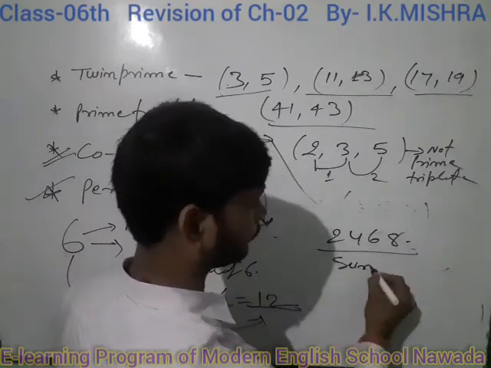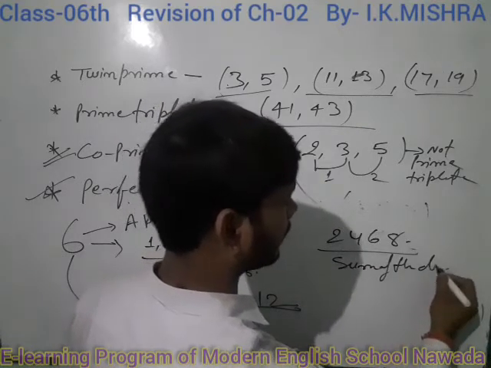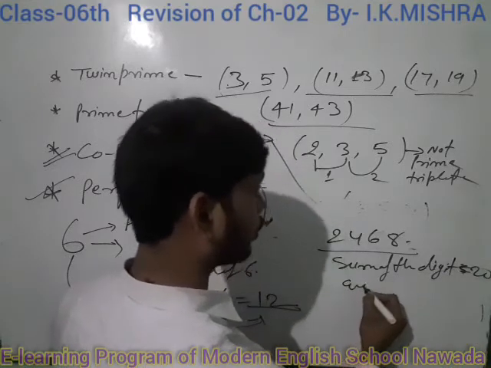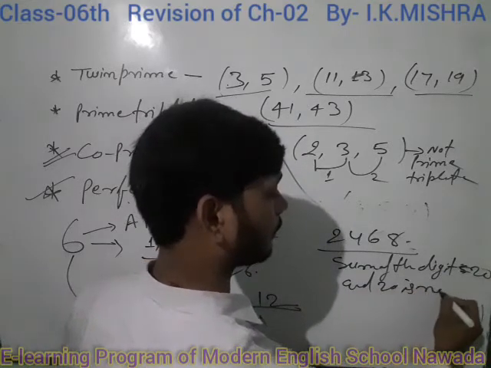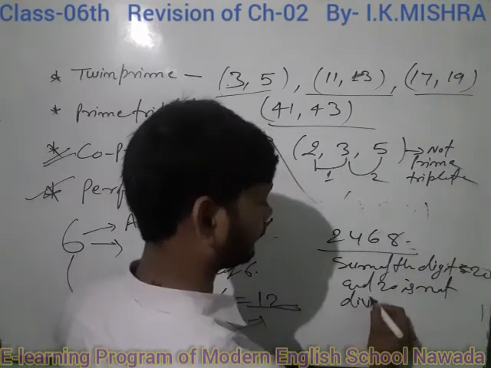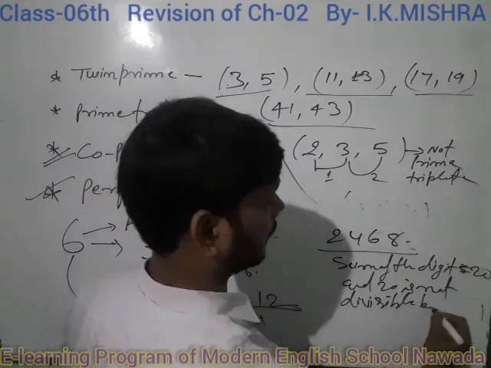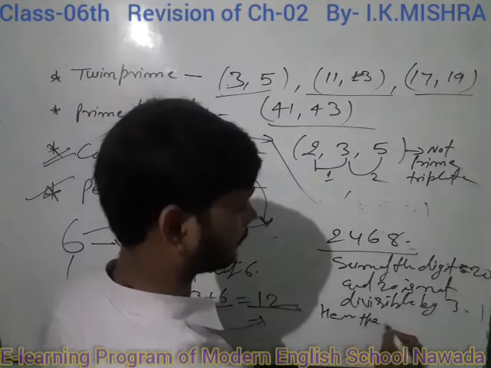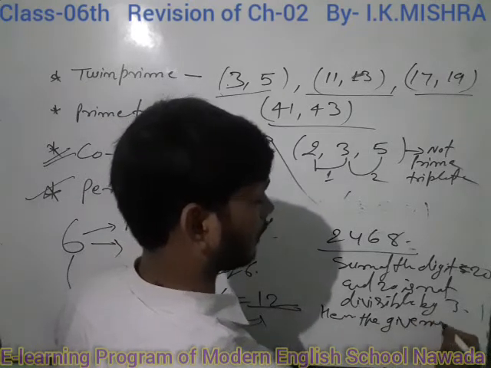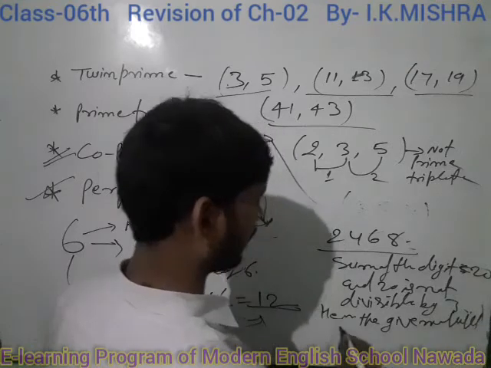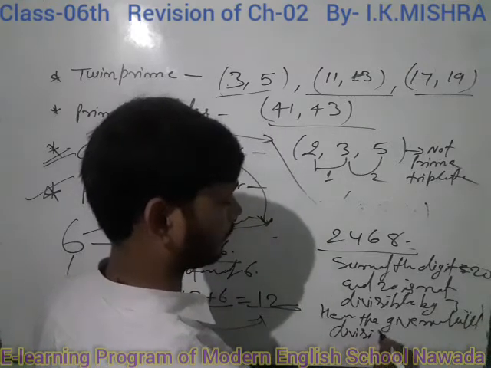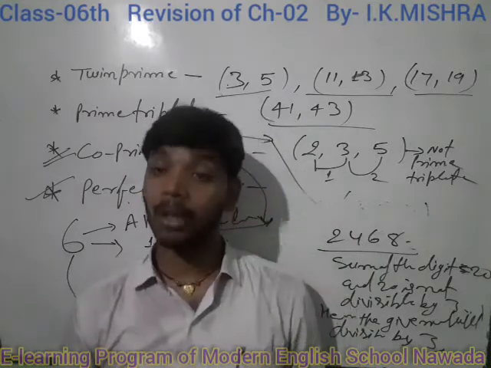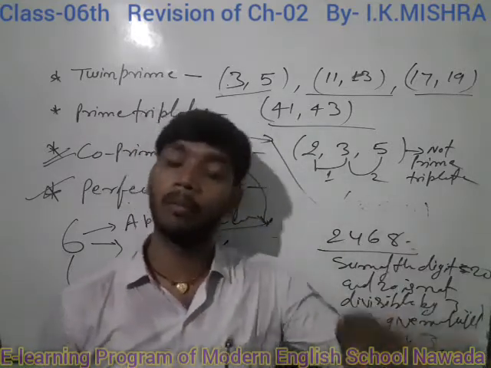The sum of the digits is equal to 20, and 20 is not divisible by 3. Hence, the given number will not be divisible by 3. That means if the sum of the digits is divisible by 3, then the number is also divisible by 3.